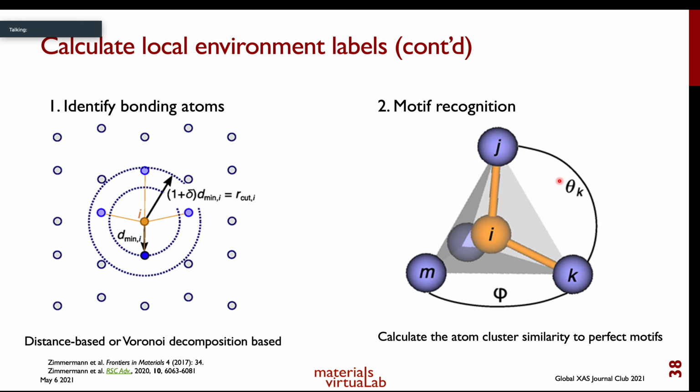So this is the algorithm that they use. As I just mentioned earlier, you extract the local environment, and then for this local environment you compare it to a set of well-established motifs, and you calculate the similarity score, a continuous value from this matching.